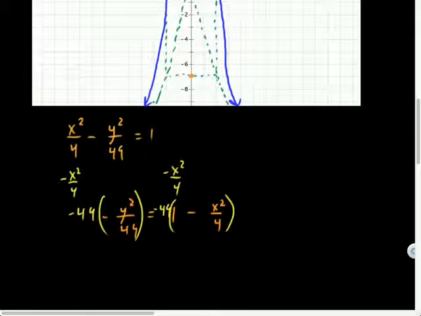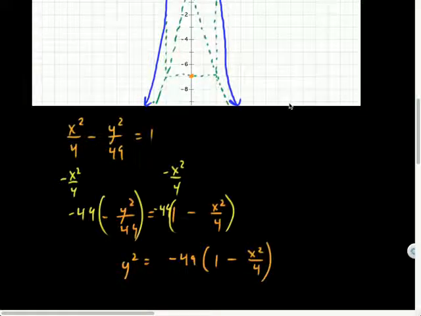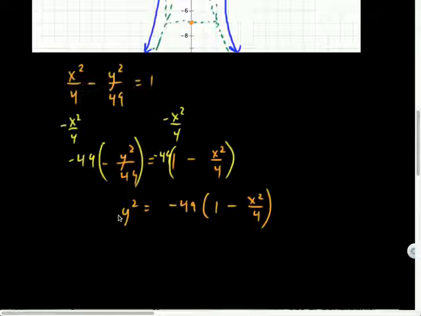So this would be y squared equals negative 49 times 1 minus x squared over 4. And then I would root both sides, and plus or minus, don't forget it.